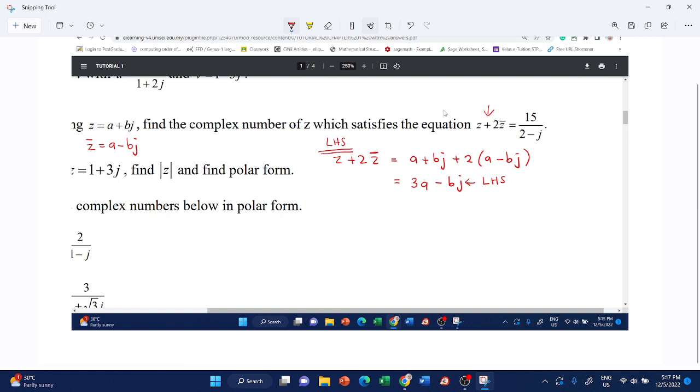So next you go to right hand side. Okay, see what we are supposed to do for right hand side. Are we going to times with the conjugate? Yes. Yes, okay. You can times with the conjugate. Okay.